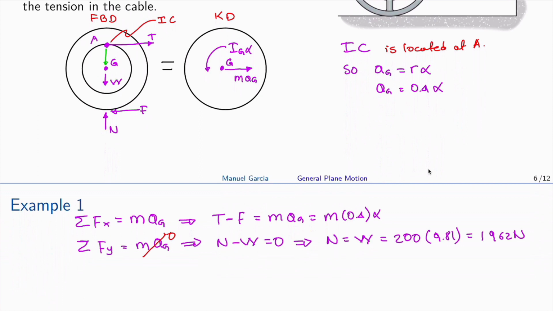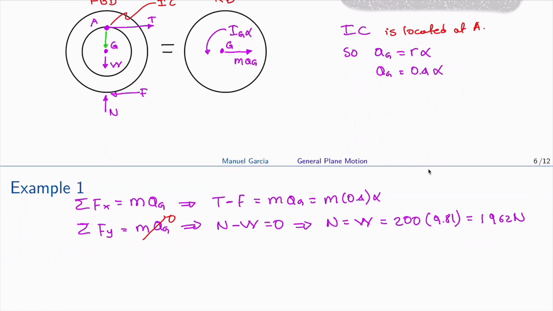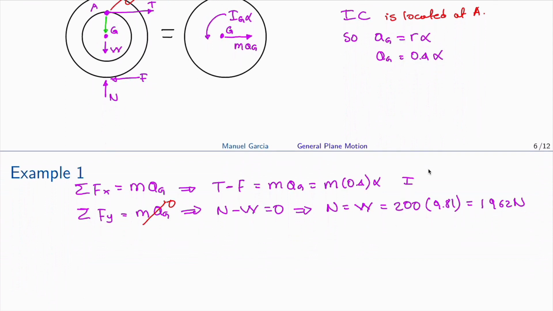From our first equation, let me rewrite it. Equation 1: T minus F equals 0.4 multiplied by the mass multiplied by alpha.